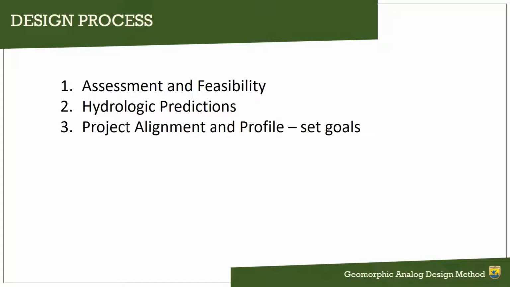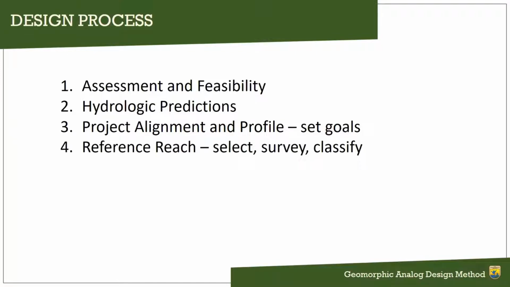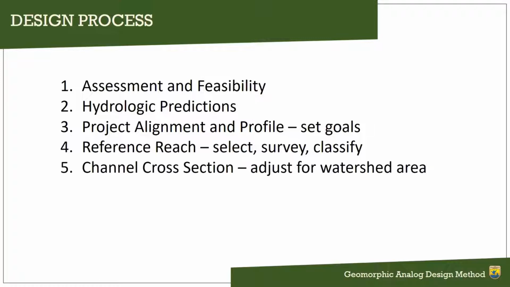So we're going to move on to the design process. And the first step in the design process would be our assessment and feasibility, our hydrologic predictions, which Franklin has covered. I'm not going to cover that. We're going to set goals at our crossing site by looking at the crossing alignment and profile. Then we're going to select a reference reach, survey, and classify it. And this reference reach needs to be appropriate for our crossing goals that we just set.